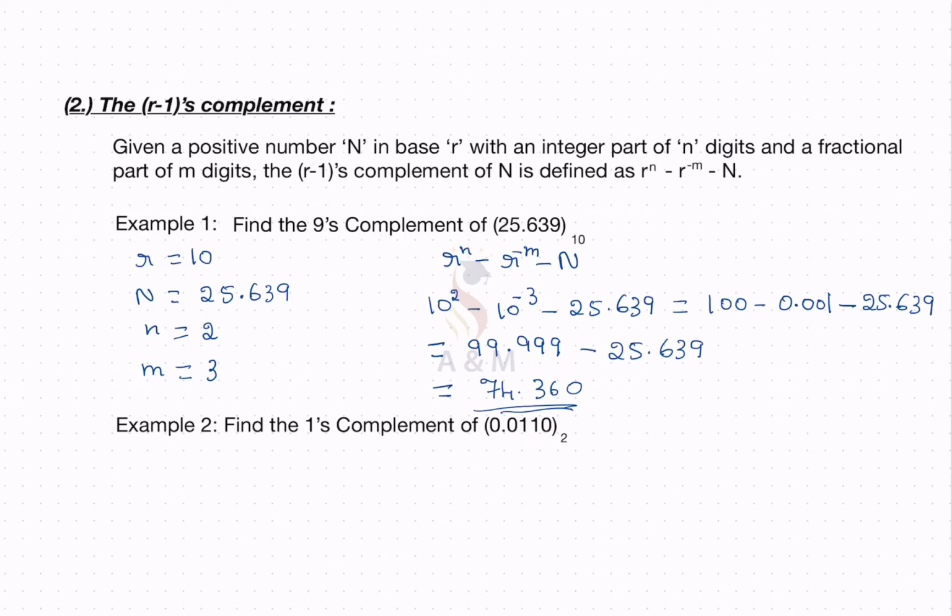Here we have r is equal to 2, n is equal to 0.0110, n, the total number of integer part, is equal to 0, since the given number doesn't have any integer part, and m is equal to 4, which is the total number of fractional part.